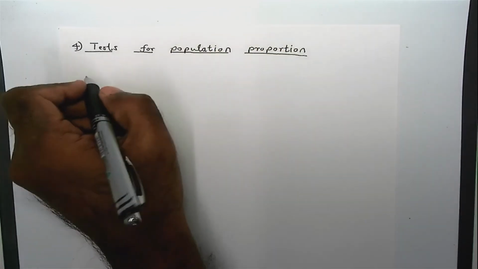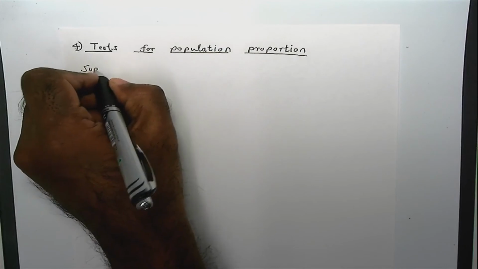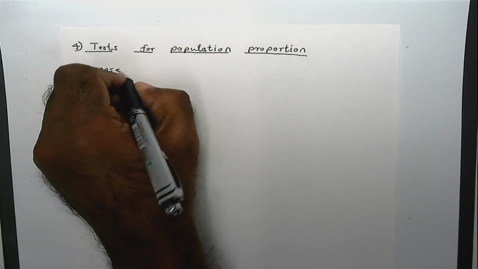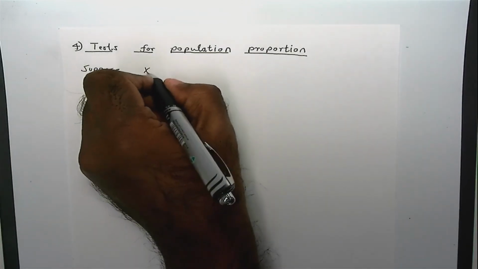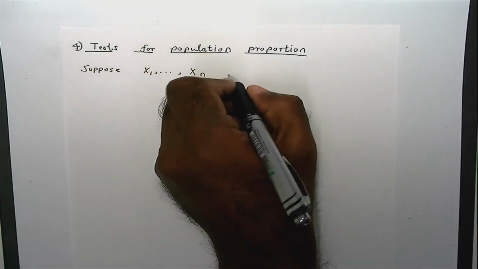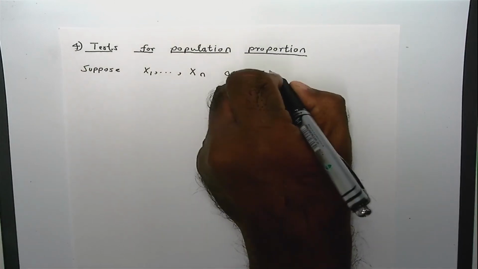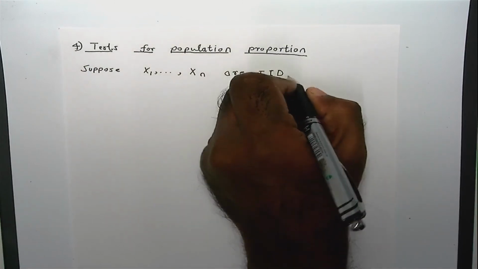So here we're going to suppose that you have data which are IID from a Bernoulli population.